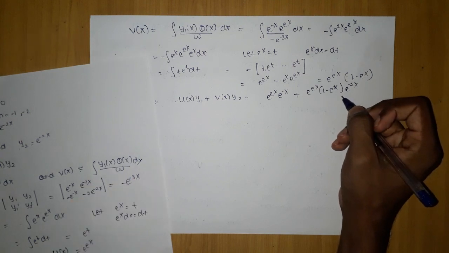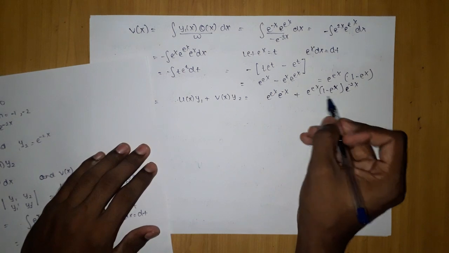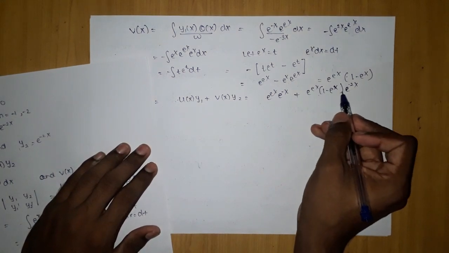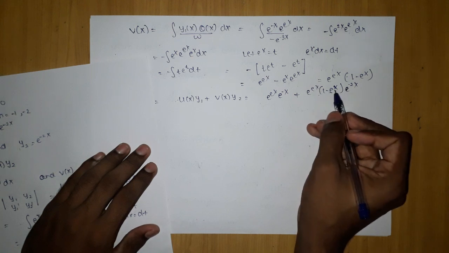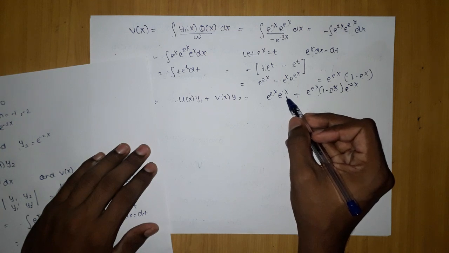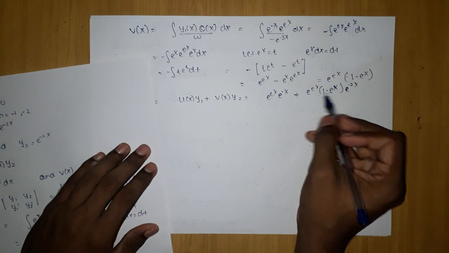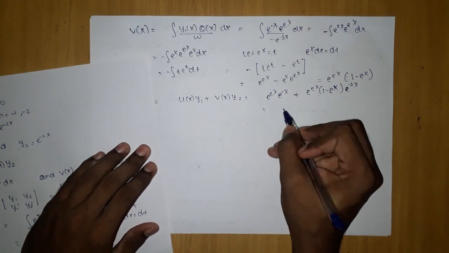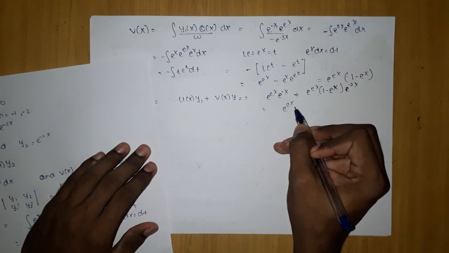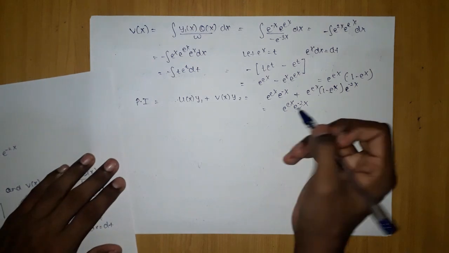So if we simplify them, multiplying this with this will become e to the power minus x. If you multiply all these three, this will cancel out, and we will be left with e to the power minus 2x into e to the power x, right? So we are left with this thing as our particular integral.